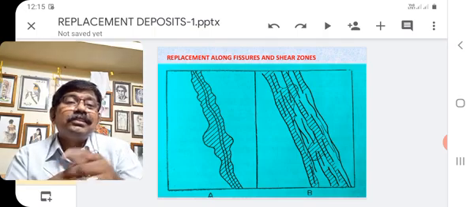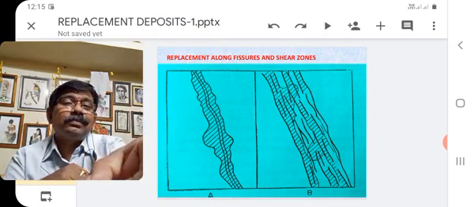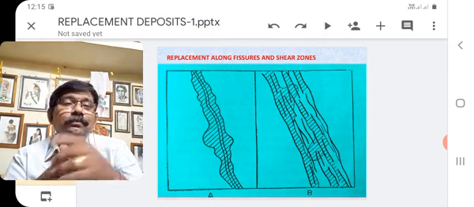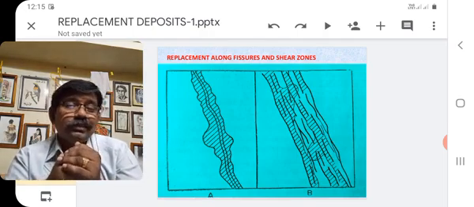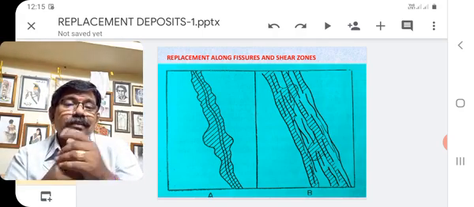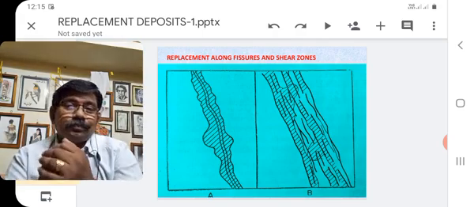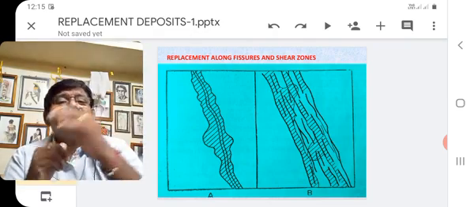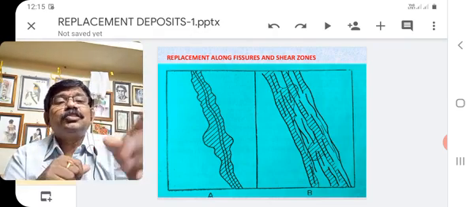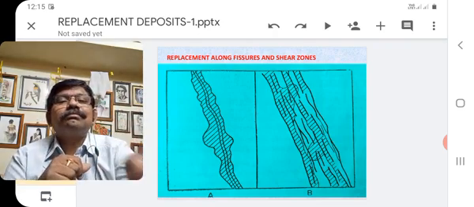This is also a replacement deposit fissure, but when you observe it carefully, this one is not disturbed. Because of the shearing nature, this is the shear zone deposit shown at A and B.